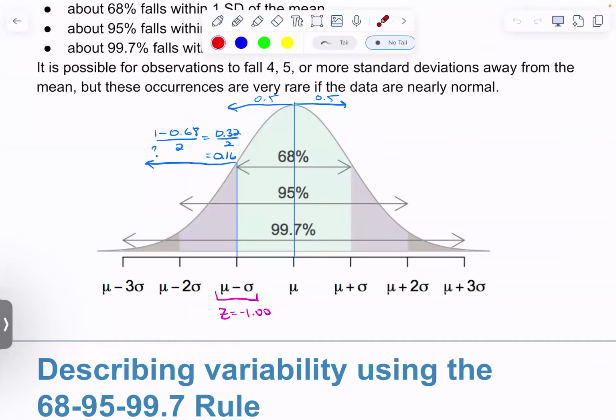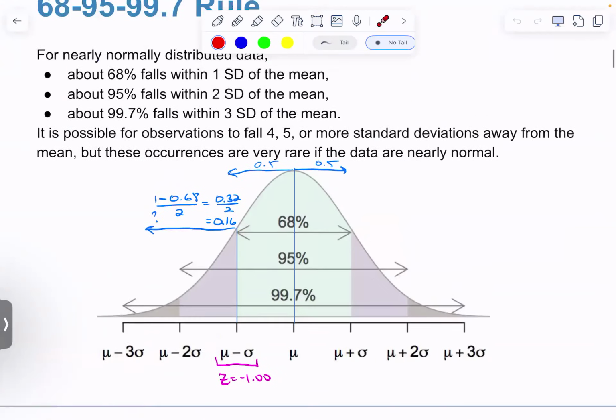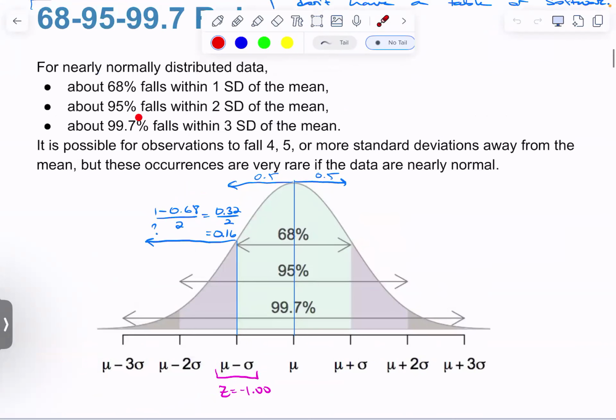Okay. So then, probably guessed it already. If you move out 2 standard deviations from the mean in either direction, then you've got the central 95% of the data, right? Or the population. Or the curve. I know, they're all interchangeable.